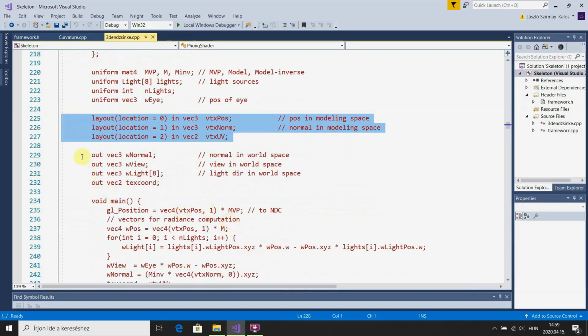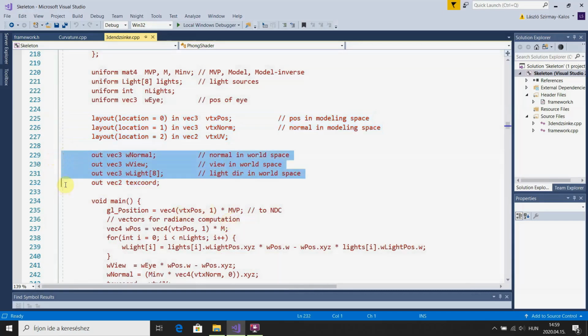The outputs of the vertex shader are the vectors needed by the illumination formula, the normal vector, the view direction, and up to 8 illumination directions. There is an additional output value, which is the UV or texture coordinate, which will also be interpolated by the hardware.